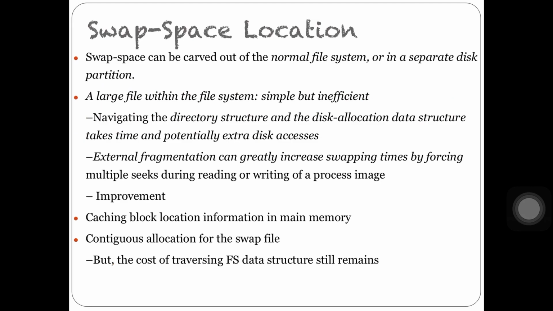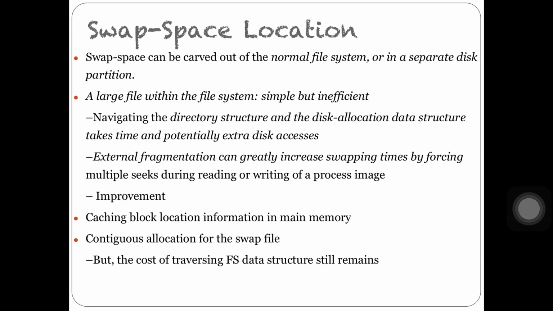This approach is very easy to implement, but it is not that efficient. Why? Because navigating the directory structure and the disk allocation data structure takes time, and you require some extra disk accesses. External fragmentation can also greatly increase the swapping times by forcing multiple seeks during the reading and writing of the process image.